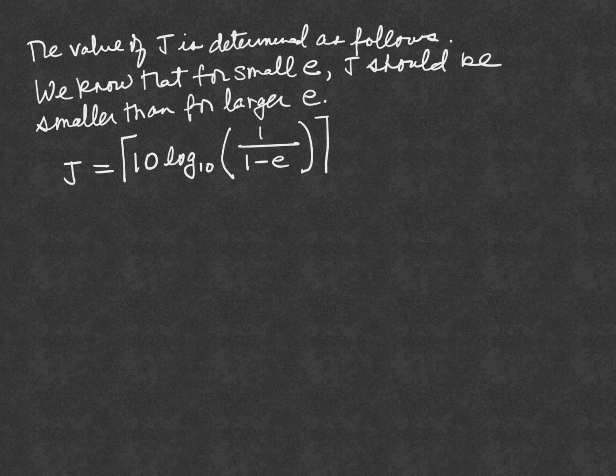Now, if you look at this, when e is 0, this gives you log base 10 of 1, which means you don't have to iterate, because when e is 0, you're on a circle, you're going to get the solution right away. But as e gets larger and larger, you can see that 1 over 1 minus e, as e approaches 1, goes to infinity.